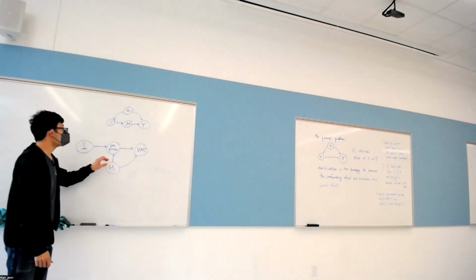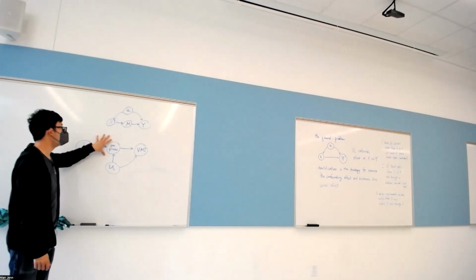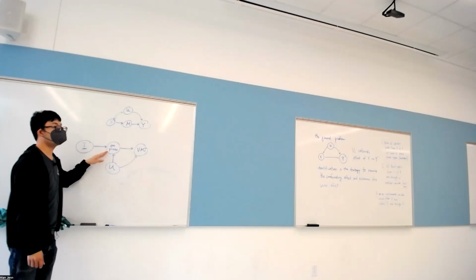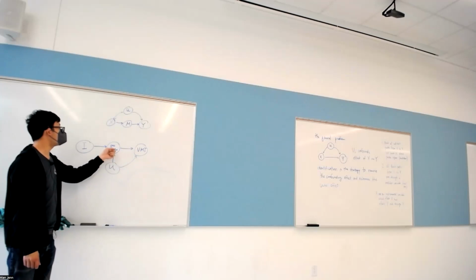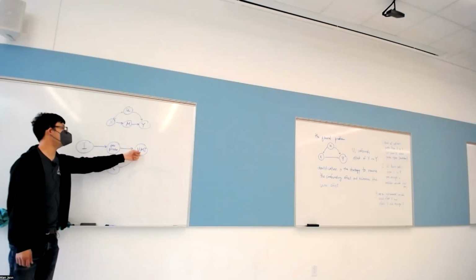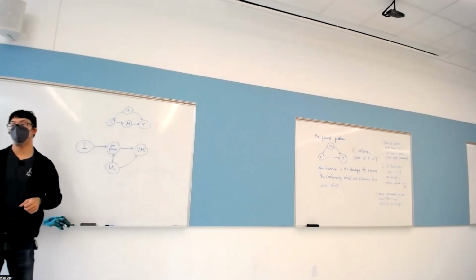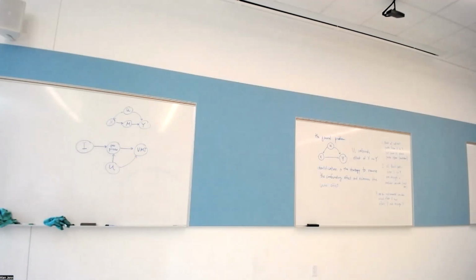Okay, so we have our X and our Y. This is gas prices, and this is VMT, which stands for vehicle miles traveled. So gas prices affecting how much people drive, essentially. Okay, so I want to know the causal effect of a change in gas prices leading to changes in people's driving behavior.